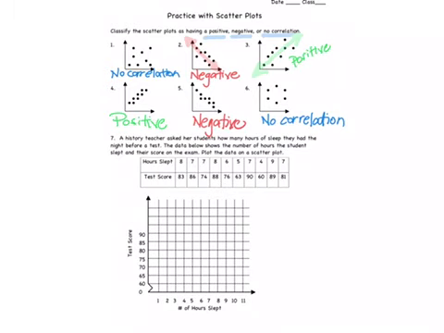So what we're trying to do here is we're going to plot these like ordered pairs. So 8, 83 would be one ordered pair. So we're going to plot 8, 83.